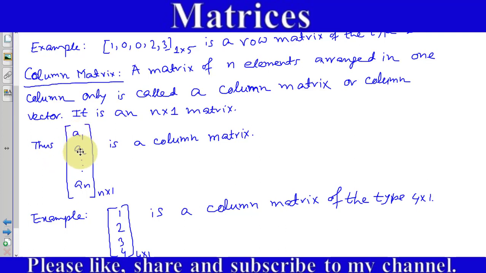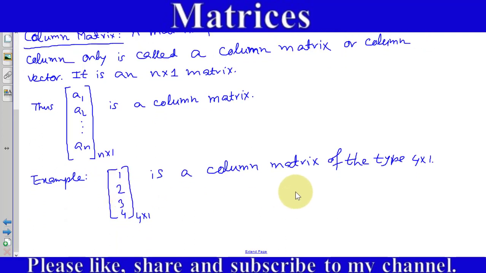Thus, A1, A2, ... An is a column matrix of order n by 1. Example: 1, 2, 3, 4, this is a 4 by 1 order column matrix.